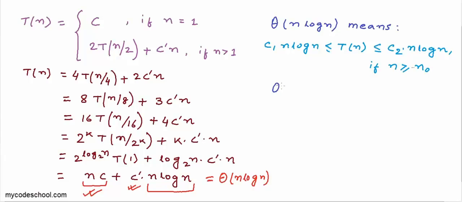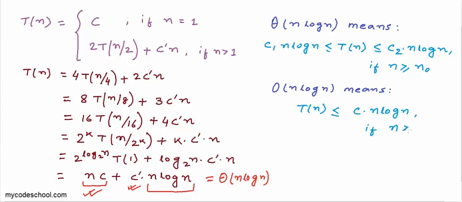And big O of n log n means that Tn will be less than or equal to some constant times n log n if n is greater than or equal to some constant n naught. So this function Tn here is both theta of n log n as well as big O of n log n.